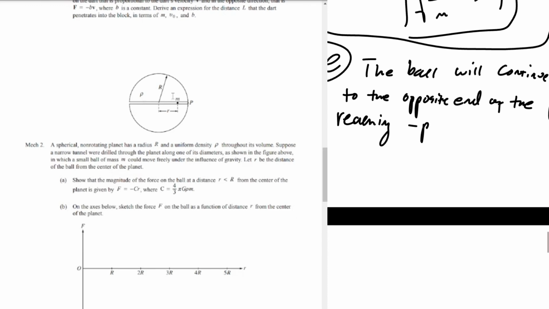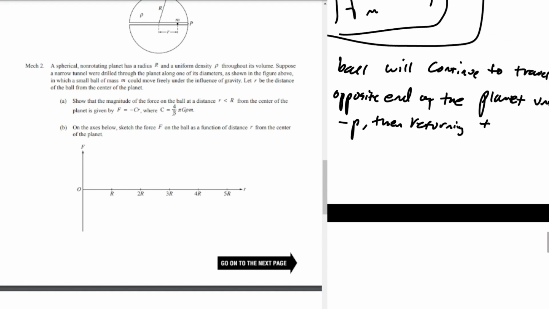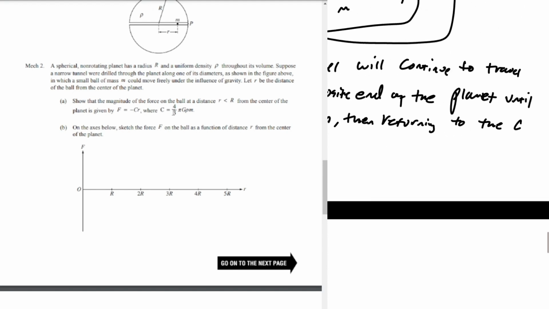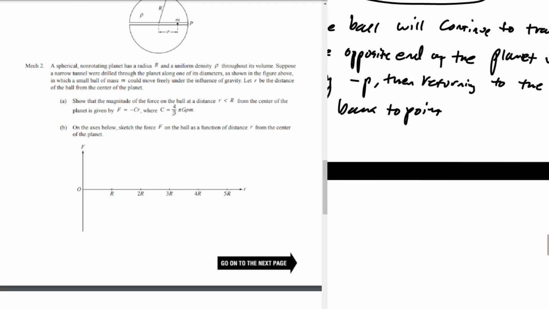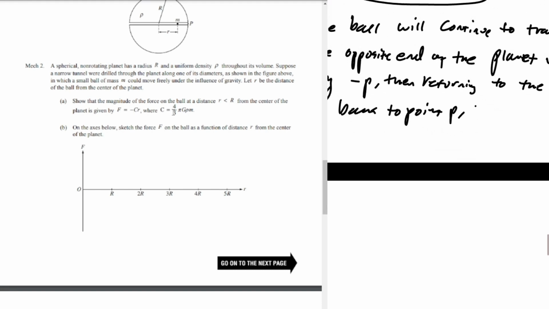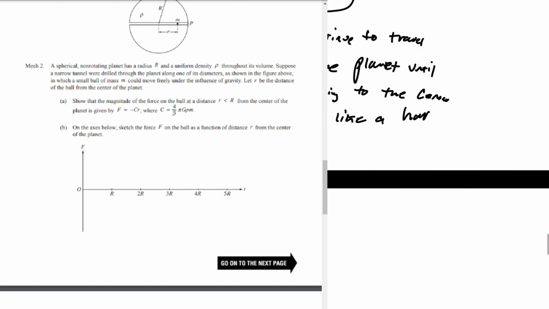Because it travels to negative point P, then returning to the center, then back to point P, like a simple harmonic oscillator.